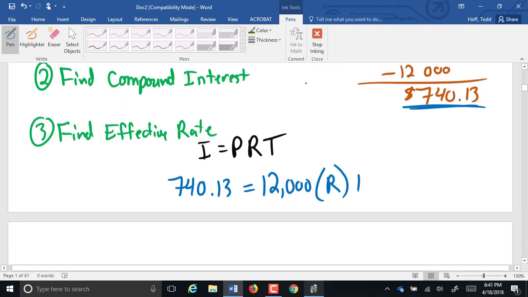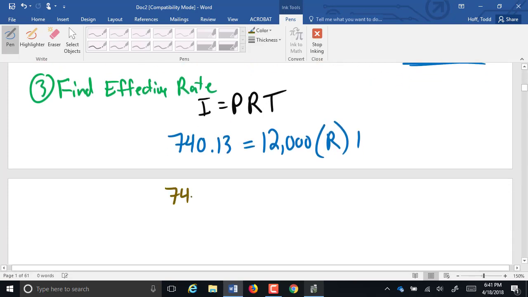So this calculation simplifies a little bit. We have to combine the 12,000 with the 1 year. That's just 12,000. So we solve by dividing by 12,000.